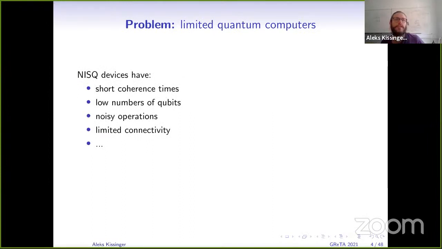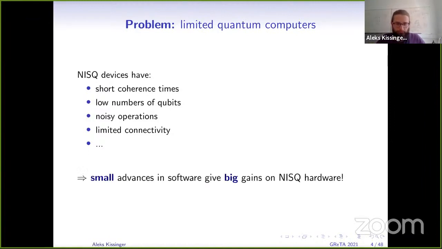So there's this term that encompasses the things that we have today or in the near future, which is called NISQ, which stands for Noisy Intermediate Scale Quantum. This generally means devices which don't run for very long before the noise takes over, where your operations are very noisy, where you don't have much quantum memory, and they have various other kinds of limitations that you have to live with.